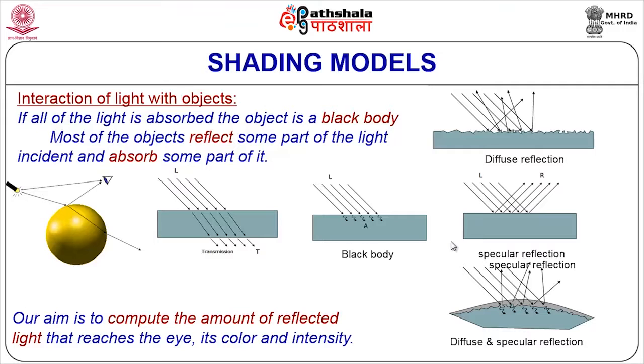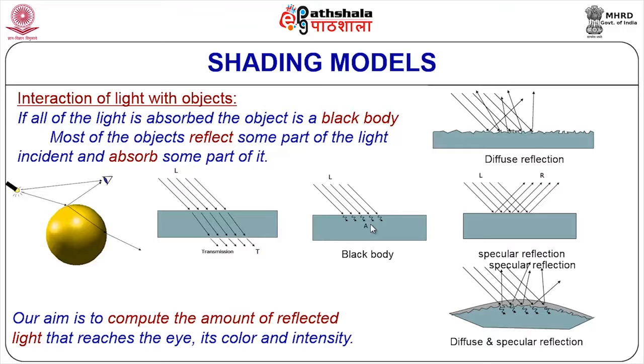As you can see here in the picture, when the light is incident upon a black body, the whole of the light gets absorbed and nothing gets reflected. What we observe is only the reflected light. So a black body absorbs the whole light, so it appears black or dark.